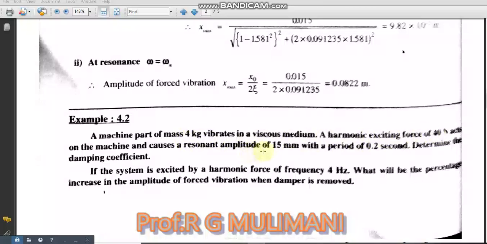How to find the resonant amplitude? The resonant amplitude is x equal to x naught divided by 2 zeta, where x naught is f naught by k.